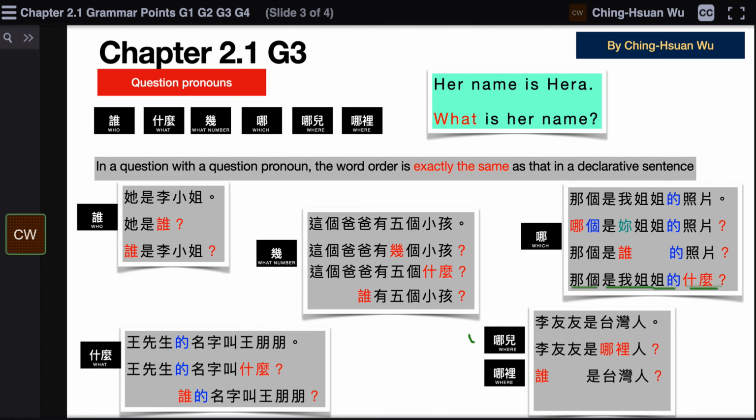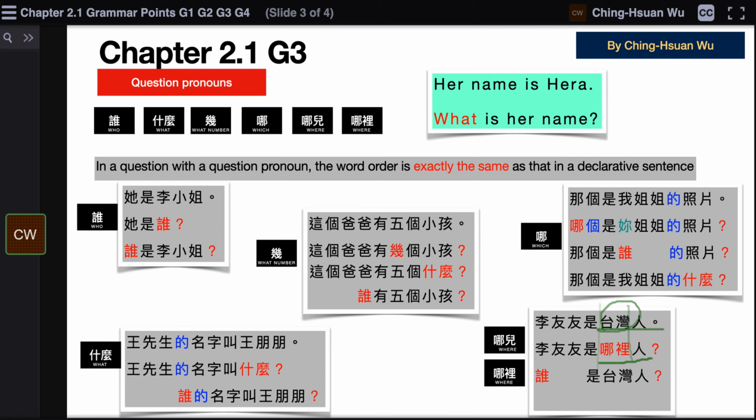Last one, 哪儿 and 哪里 both mean where, and they are interchangeable. For example, 李友友是台湾人. Yo Yo Li is from Taiwan, a Taiwanese. And you want to ask also, where is Yo Yo Li from? 李友友是哪里人? 哪里 means where, is used to ask about a place. 台湾人 Taiwanese. 哪里人 literally means where people.